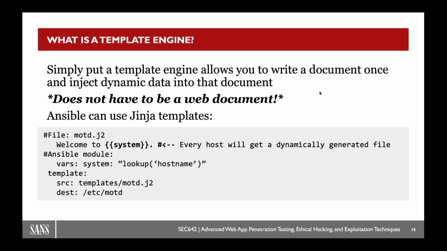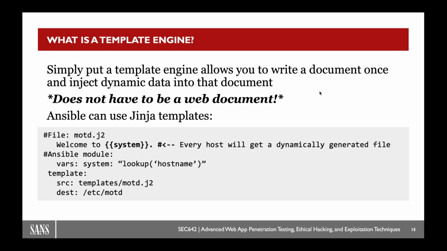And so if you look at our little fake Ansible module, what the Ansible module says is that wherever you see this variable system, look up the computer's hostname and replace it for every system. So if you run this on the web server, when you log into the web server, the message of the day would say, welcome to web server.